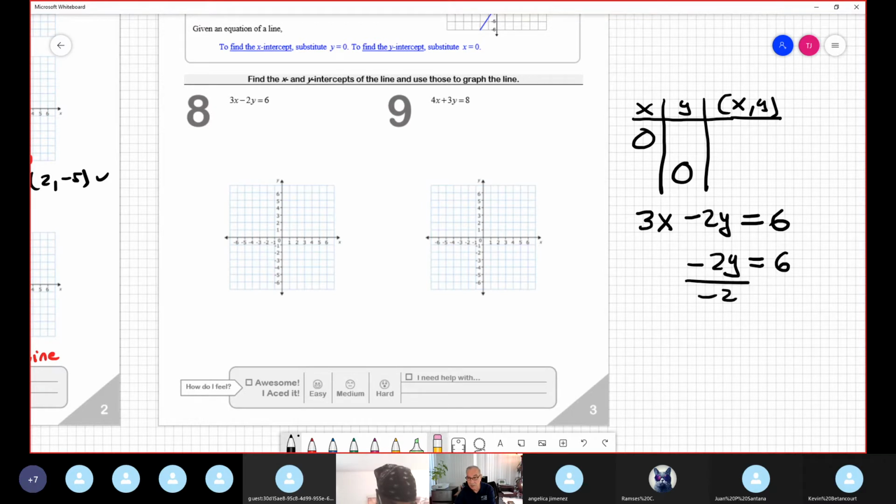Divided by negative 2, y is equal to minus 3. So the point is 0, negative 3. You plot the point here, 0, negative 3, on the y-axis. This is the y-intercept.